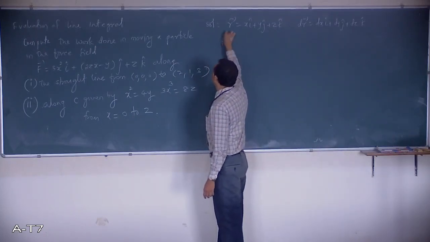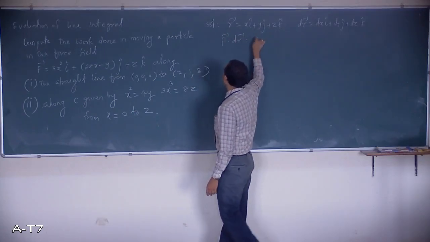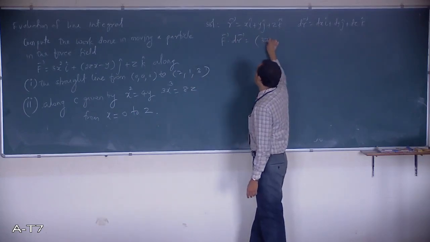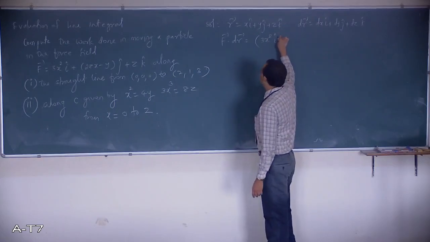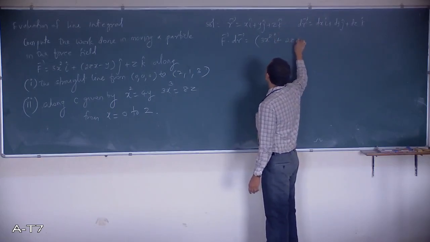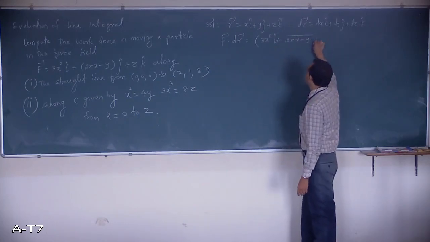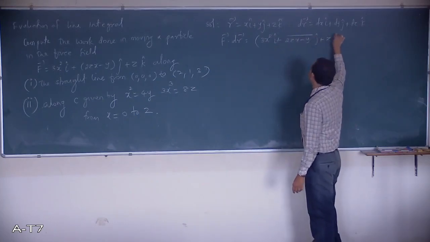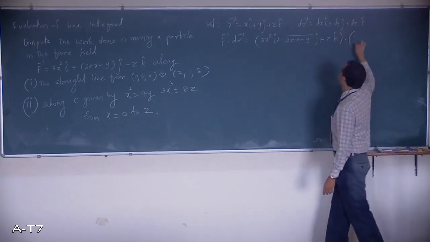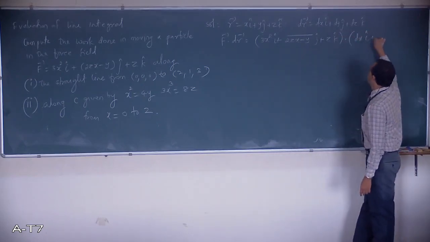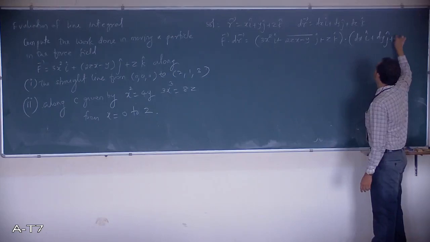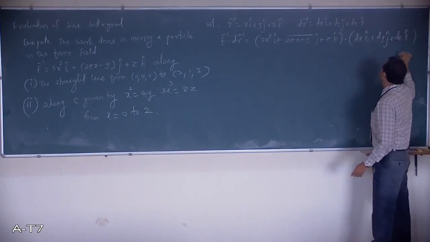Now F dot dr, quickly you find F dot dr. It is 3x square i. I am writing again in detail. (2zx minus y), I will write upper bar for indicating the bracket, plus zk dot this dx i plus dy j plus dz k.